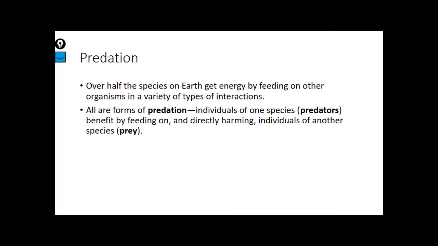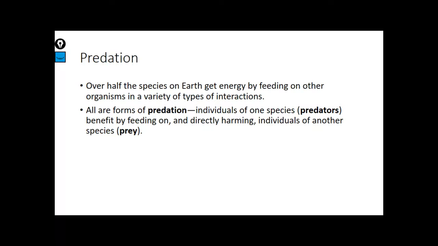Okay, so we classically tend to think like lion, the predator, it directly harms and benefits the antelope by consuming its tissue. Antelope in that case being the prey. It's dramatic, it's bloody, it's carnivorous.